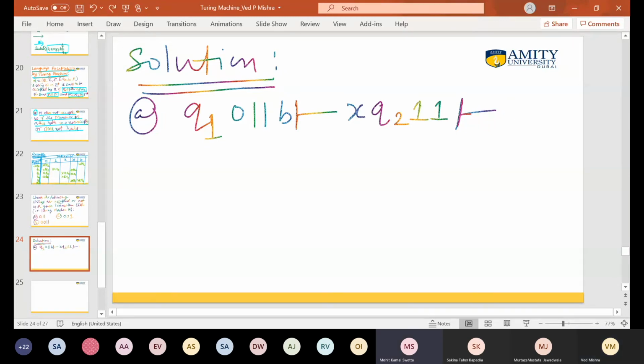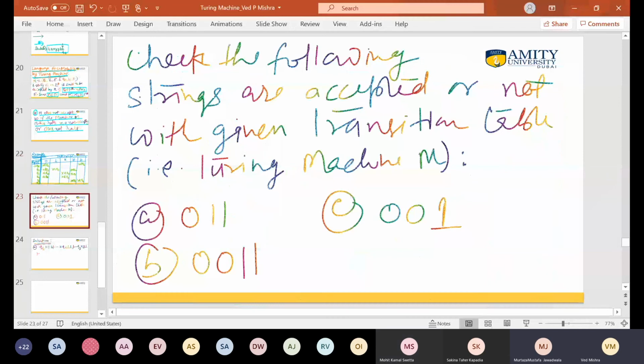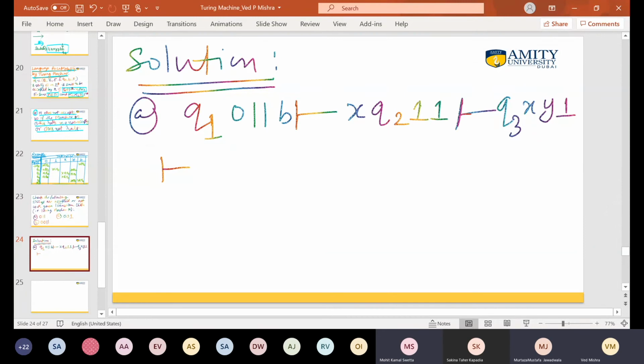So it will be Q3 X Y 1. Then the next step: Q3 X, where are you going? X R Q5 means you are moving right. So what will you write now? X Q5 Y 1.